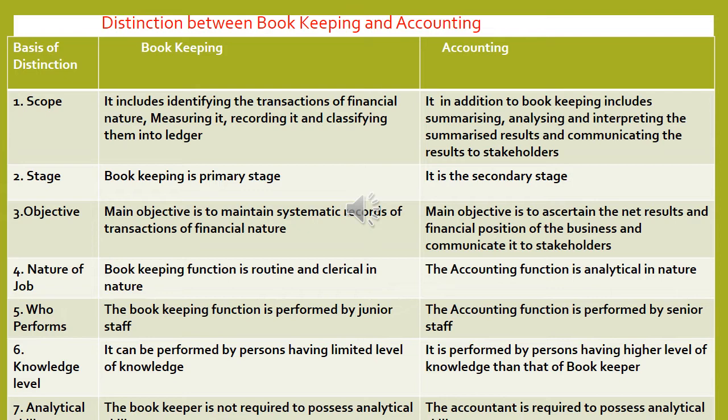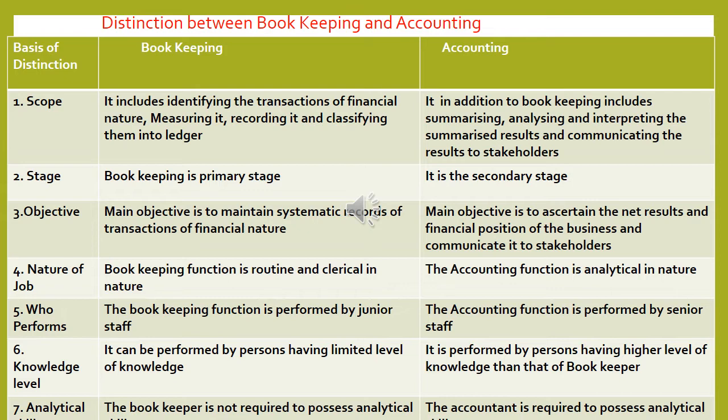And about the objectives, the main objective of bookkeeping is to maintain systematic records of transactions of financial nature. We have to use the systematic knowledge of rules, principles and techniques to be followed. That is the accountancy. So we maintain the systematic records using this systematic knowledge.